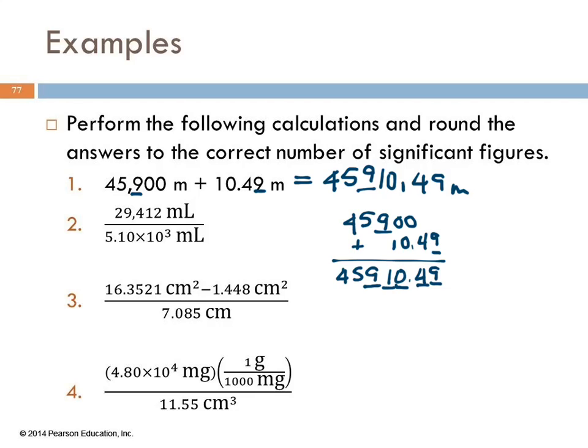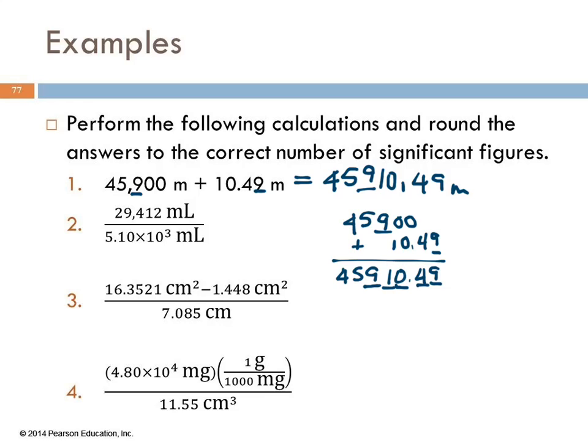How do we round this off to the correct number of significant figures? Can we call this 459 meters? Please say no. It's like, okay, I'll pay you $45,900 a year to do this job, right? But we're just going to round it off to $459.